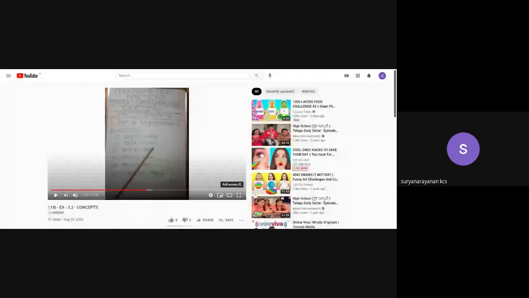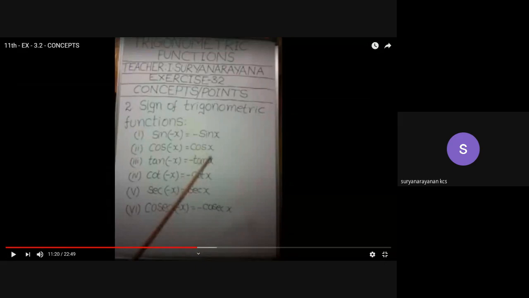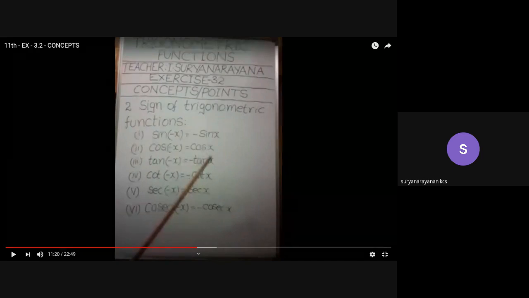Okay, my children, remember. What is the last formula? Cosecant of minus x is equal to minus cosecant x.